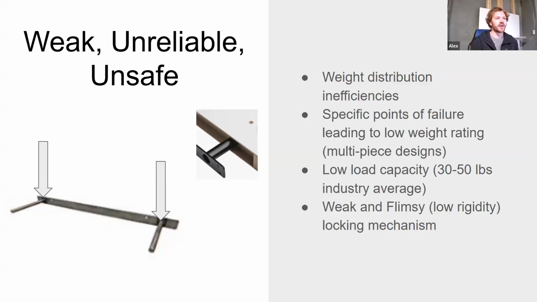But just to show that weight distribution inefficiency, I did put a two-prong up behind me there. It might be a bit small, but you can see basically all the weight is on these two prongs. And what happens is you can just push that right down, right? And it just bends at those points. And that's kind of what leads to a low load capacity overall.